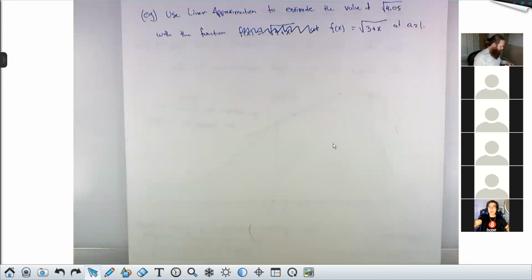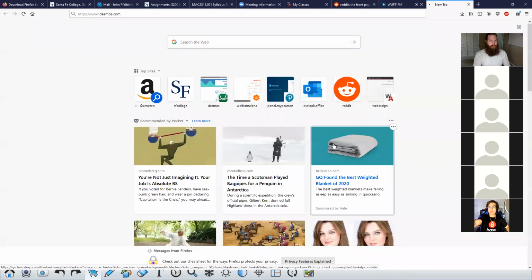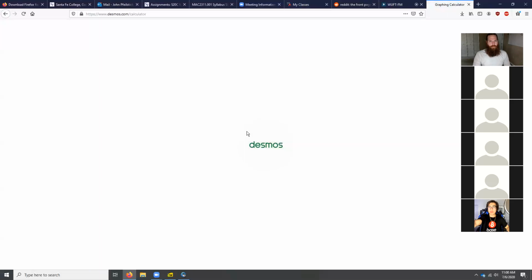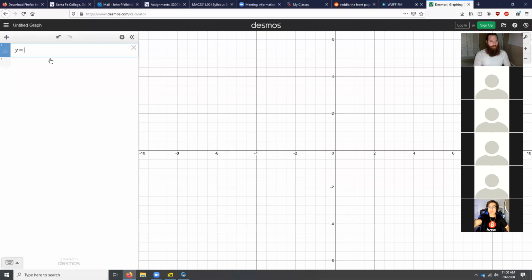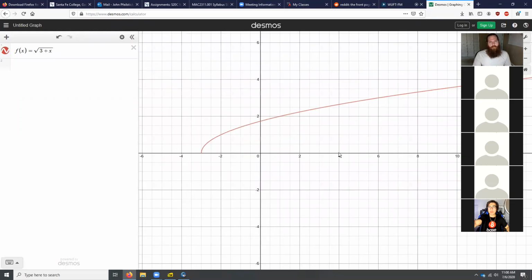So I want to give you some intuition for what we're doing here before we jump into the calculation. So let me pull up Desmos. Here's my function, I'll write it as f of x equals the square root of 3 plus x. And what I want is to approximate the square root of 4.05.